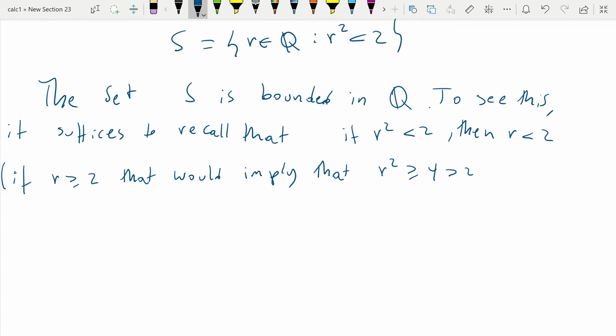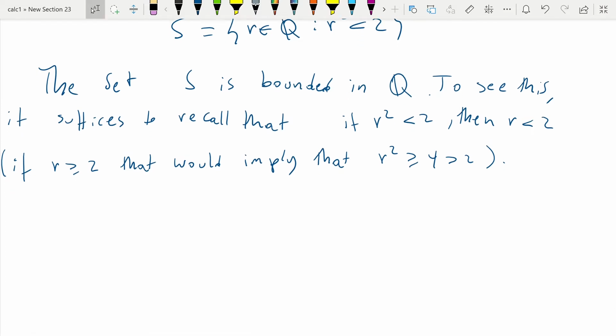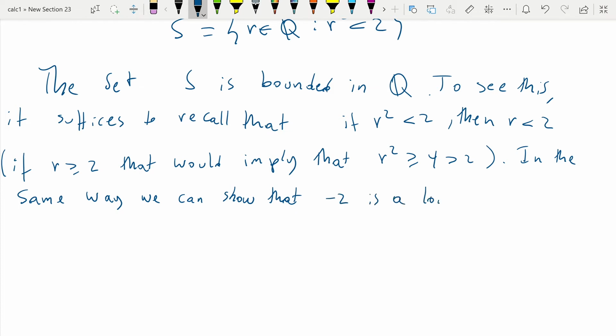So that means that r has to be less than 2, right? So that means that 2 is an upper bound. In the same way, we can show that -2 is a lower bound.